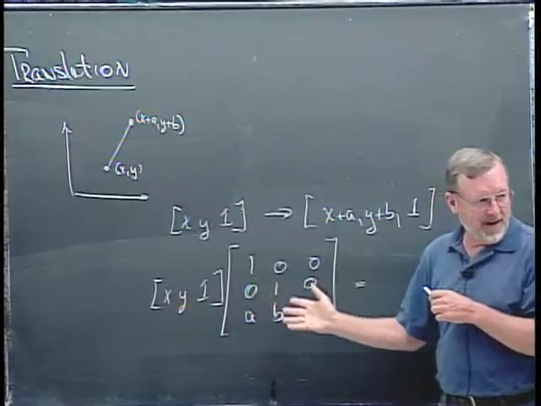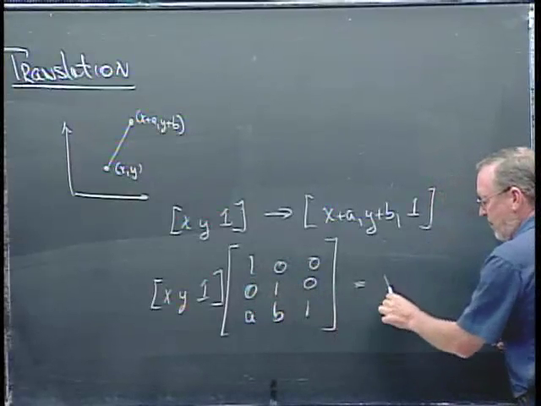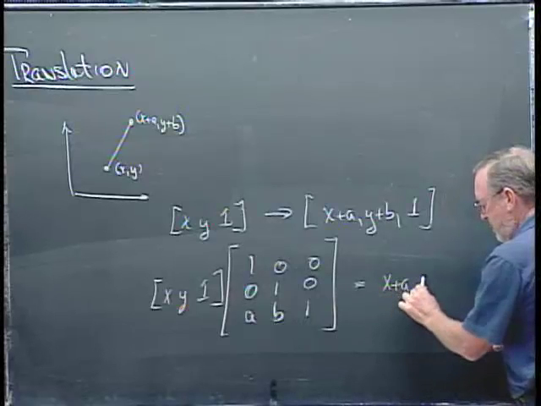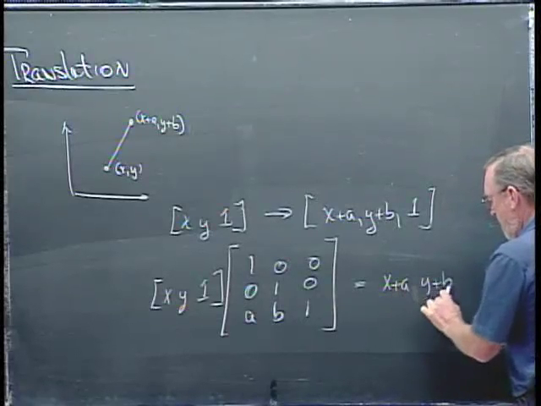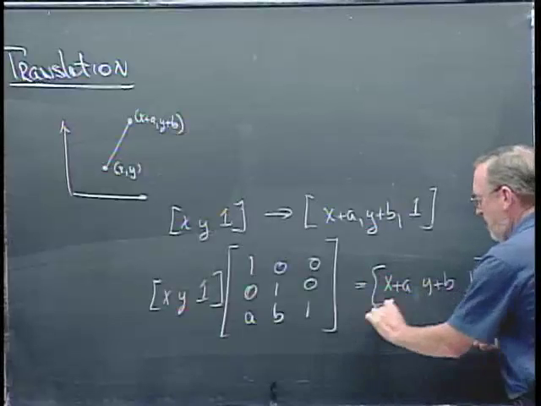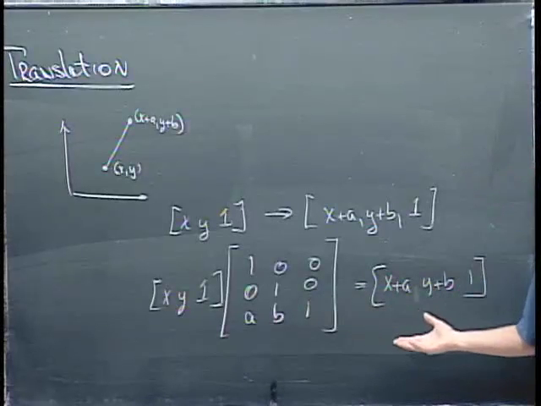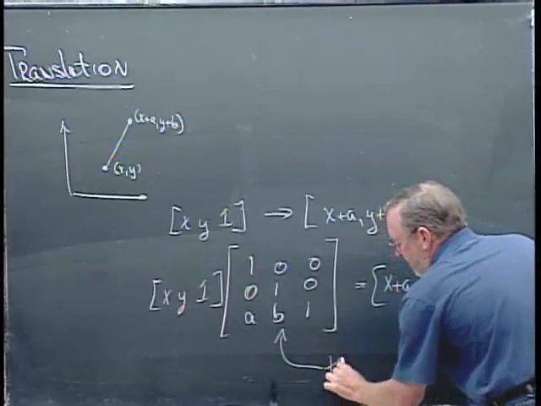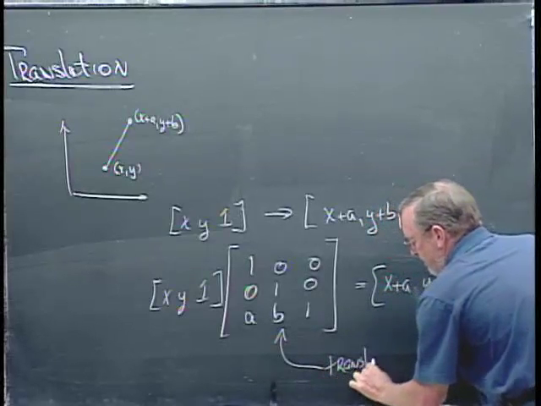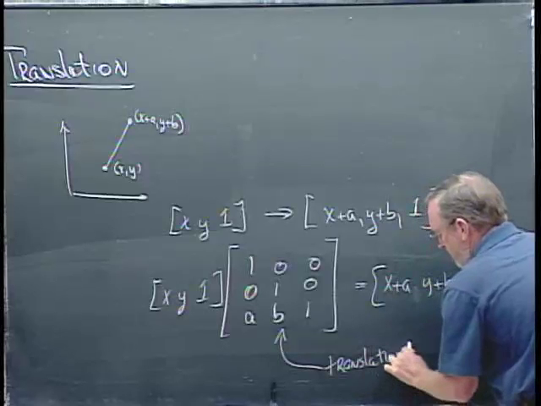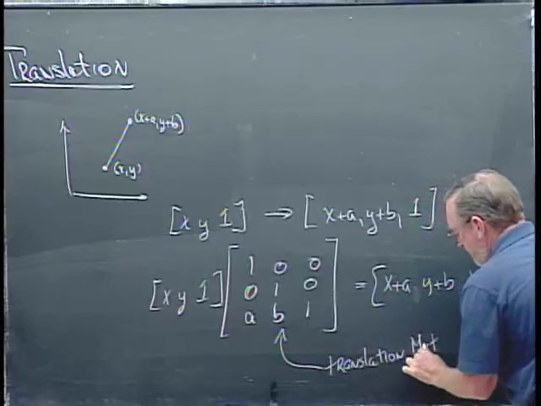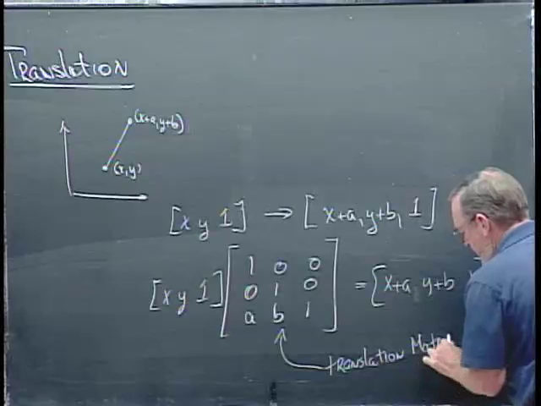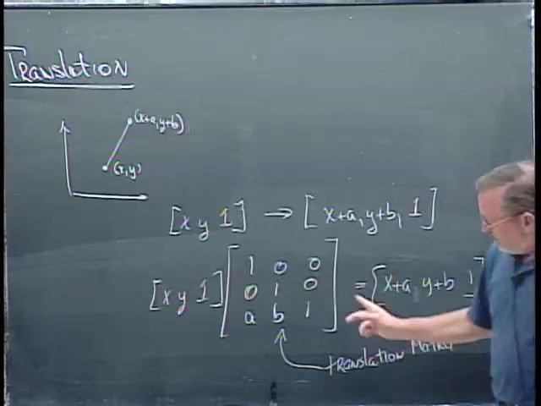You can multiply this out in your head. You get exactly what you hope you would. Like this, right? And we call this matrix the translation matrix.